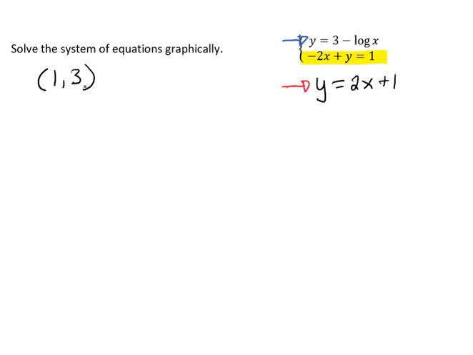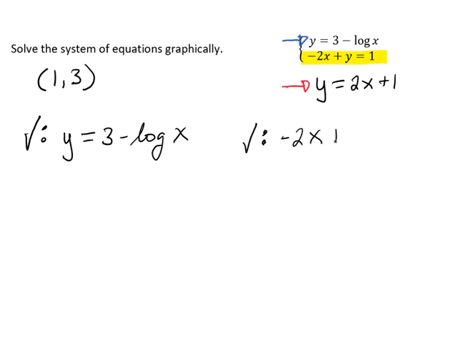And then we're just going to confirm that this is correct by plugging it in. So we're going to check. So we have y equals 3 minus the log of x. And we're going to be checking negative 2x plus y equals 1. And so we're going to be replacing our x's and our y's.